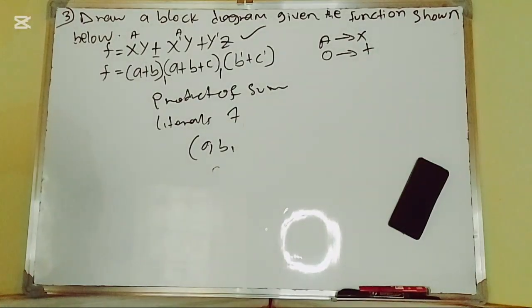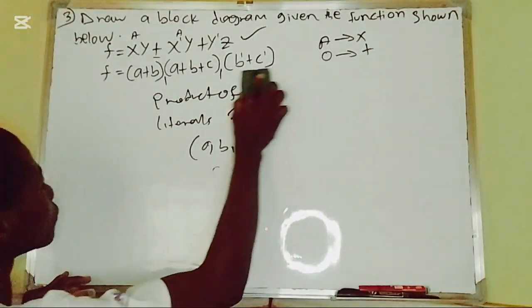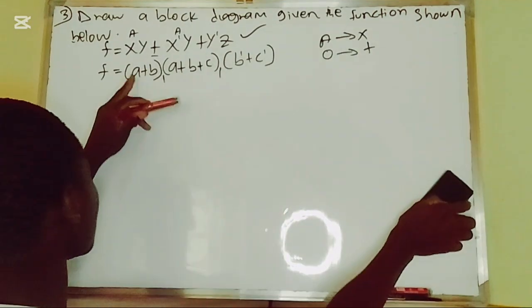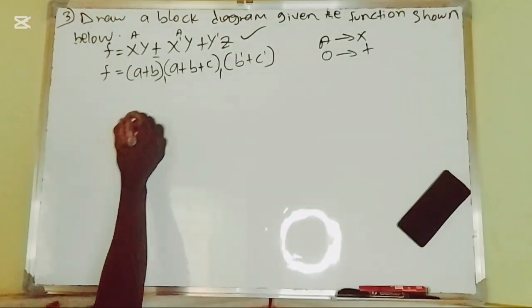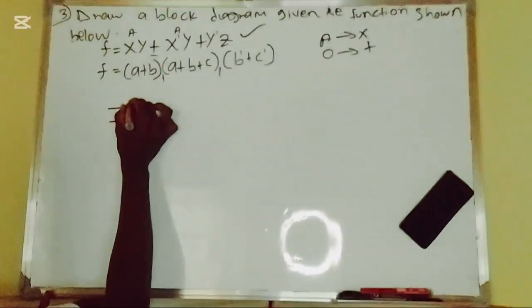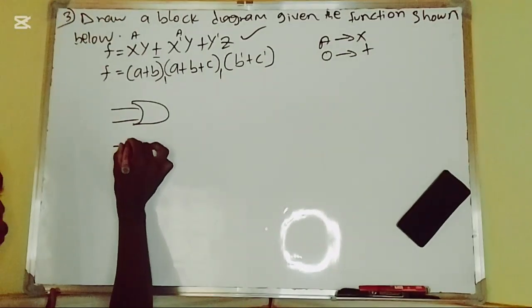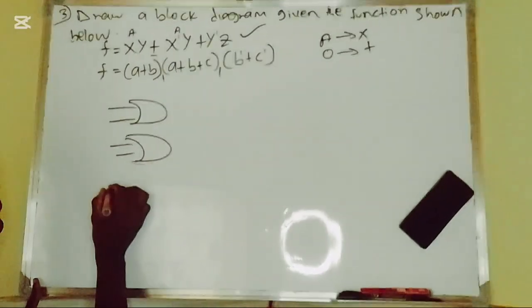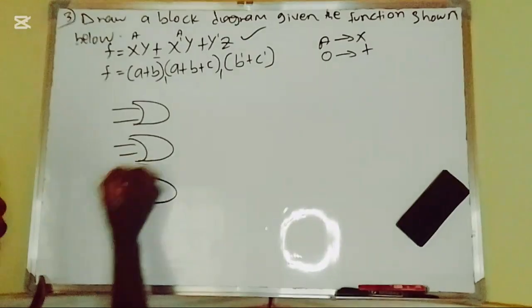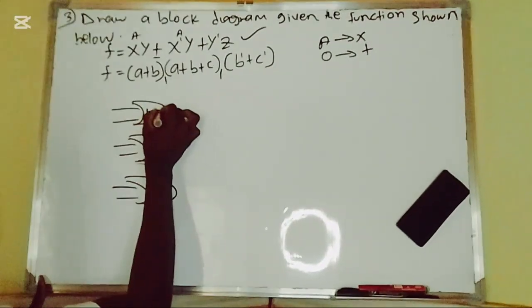So let's draw the block diagram. This is a sum, and we all know sum is an OR gate.